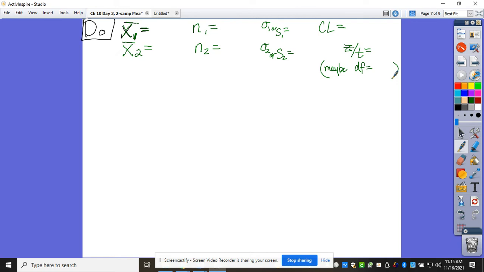Okay, so my equation, we've already written this. Technically, it can be either one. So it can be x bar 1 minus x bar 2. And if you'd rather write just one and write off the side, you can switch out for these, that's fine.